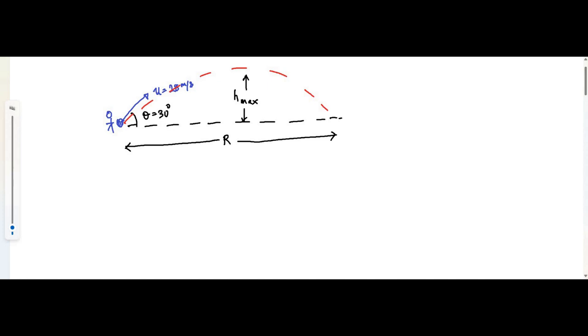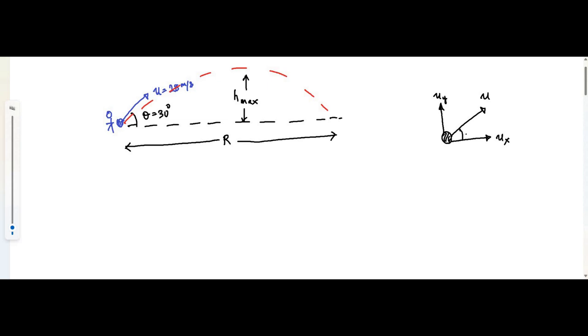Now if you remember, we have discussed that whenever an object is thrown with a certain speed, we have two components. First, the horizontal component ux, and then the vertical component, which is called uy.